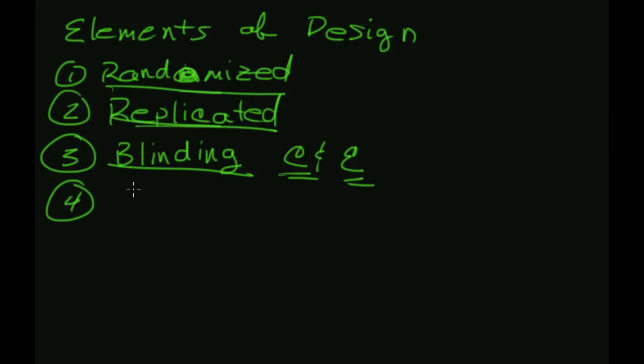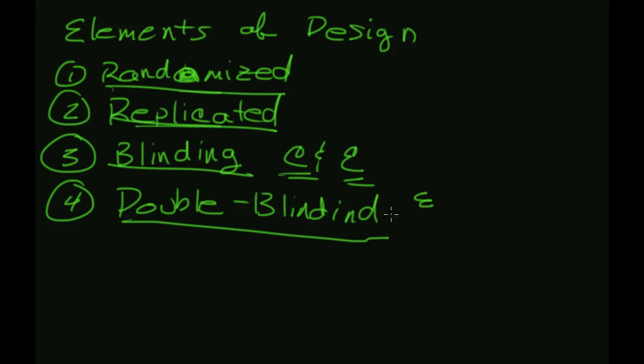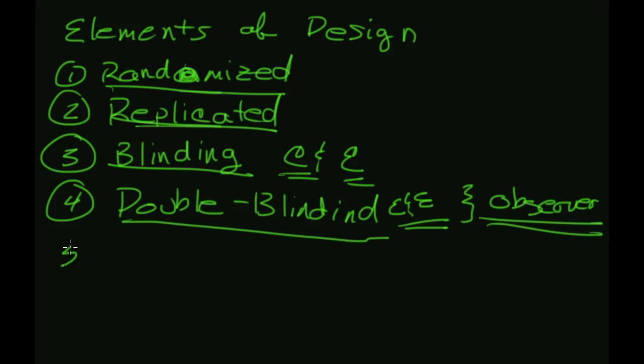And we would love to have double blinding, which means that both the control and the experimental group don't know what group they're in, and the observer who's recording the data also has no idea what group these folks are in.